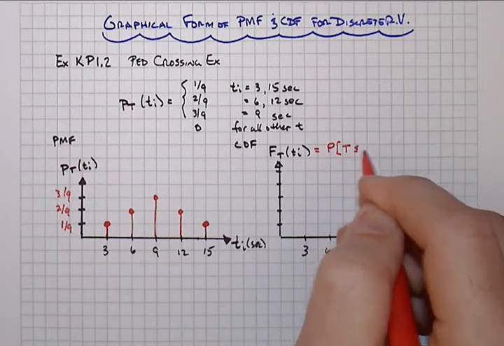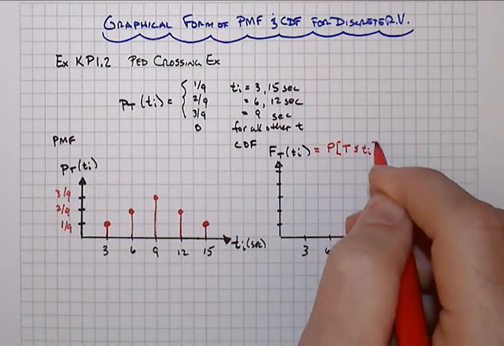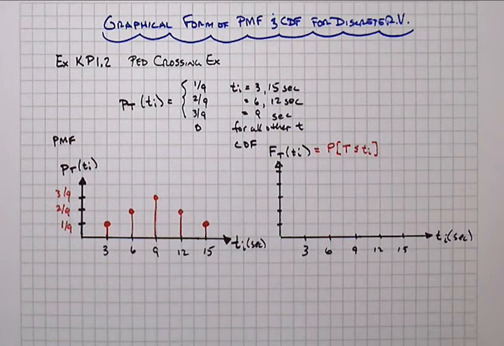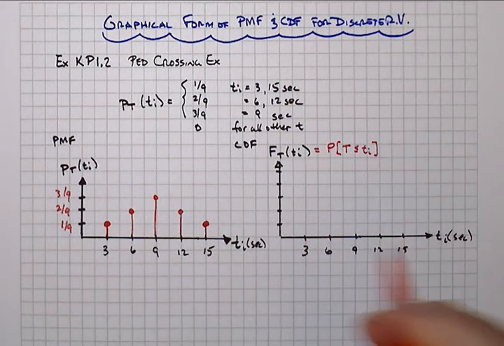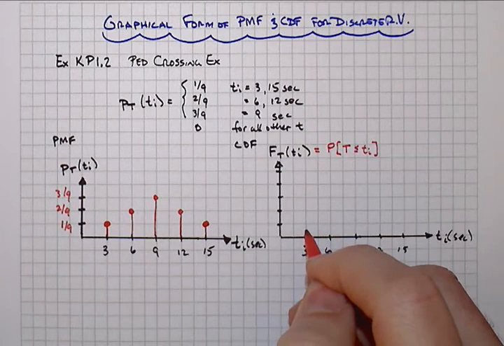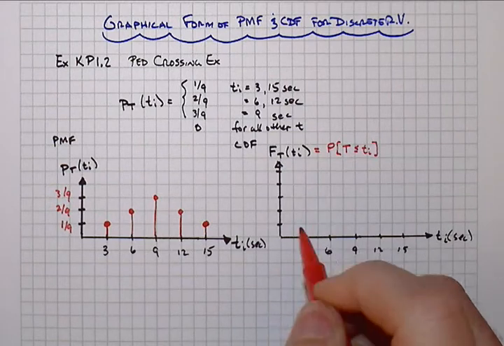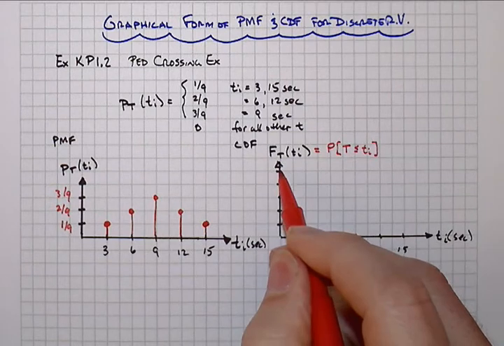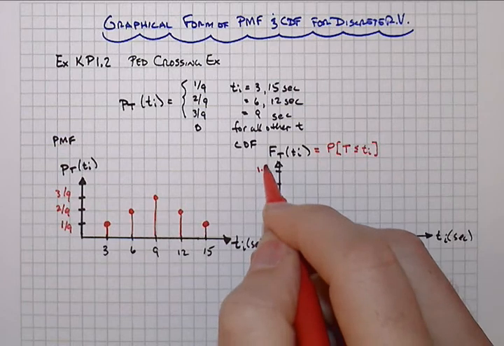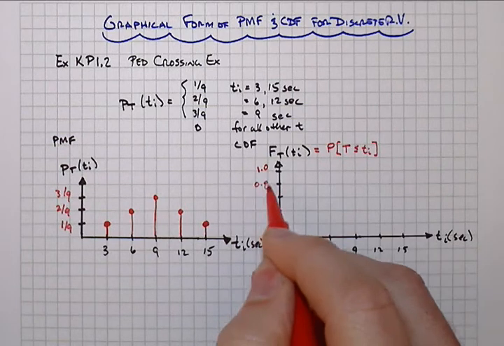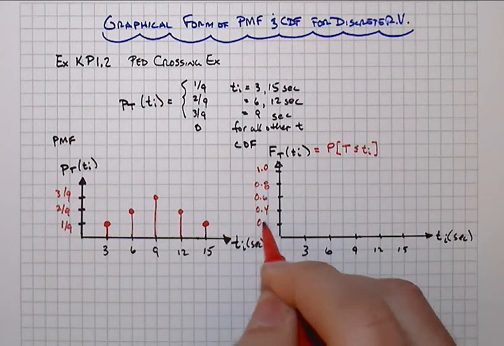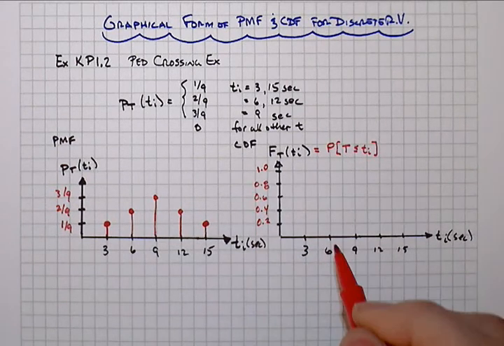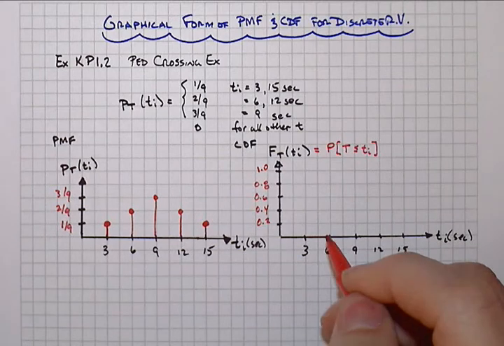When we look at the CDF, remember that is just the probability that T, a random variable, is less than or equal to t sub i. Then the probability that it's less than or equal to 3, and I'm going to change the scale here on you, and note that we can never have a total probability more than 1. So I've got our scale at about not quite half of what we had before.